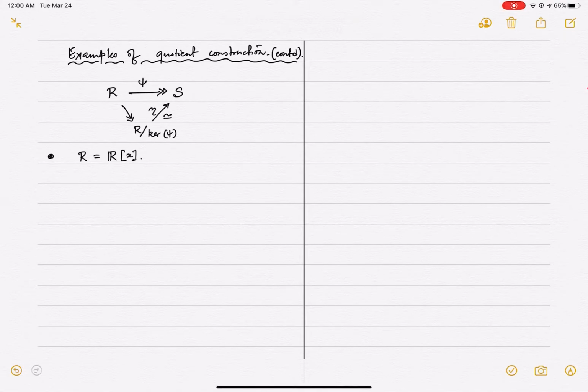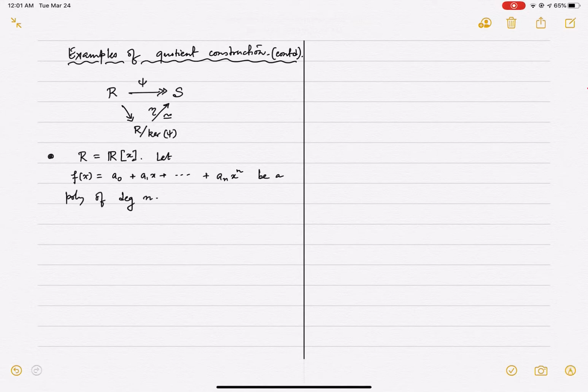So the ideals in this ring look like multiples of a single polynomial. So let's pick a single polynomial, f(x) equals a0 plus a1x plus ... plus an x to the n, be a polynomial of degree n.